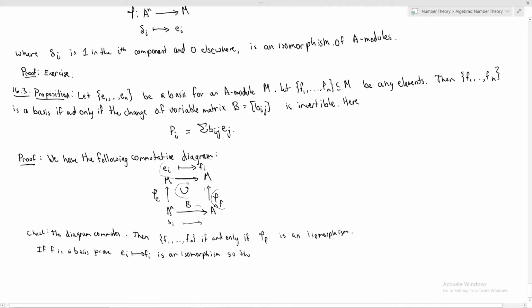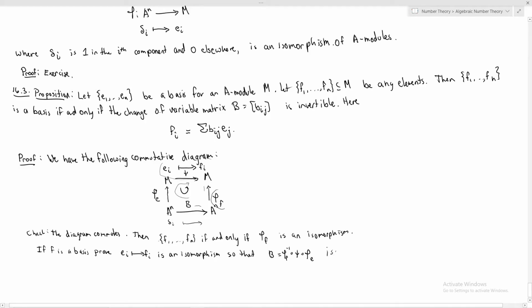So this map B, given by the matrix B, is the same as first do bar phi sub E, then do this top map, which I'll call, I don't know, psi. Then do bar phi sub F inverse.